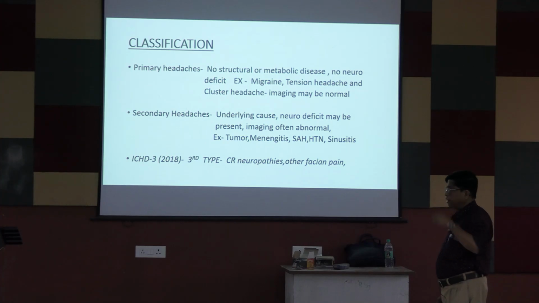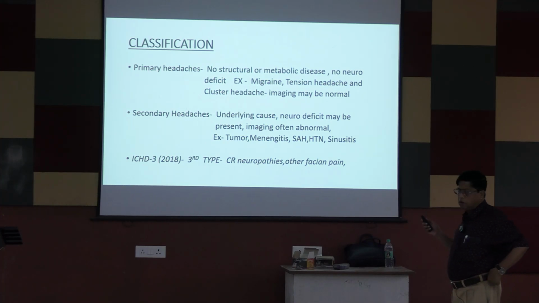So, classification of headache. Very important note: usually we classify two types of headache, primary headache and secondary headache. The third one I will discuss a little bit. Primary headaches have no structural or metabolic disease and no neurodeficit. That is migraine, tension headache, and cluster headache.